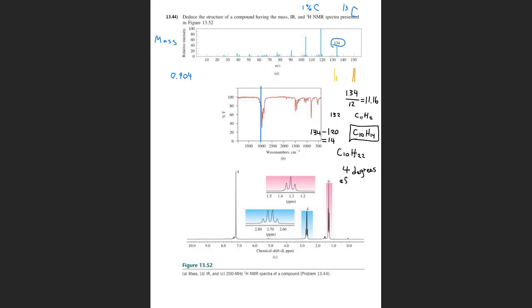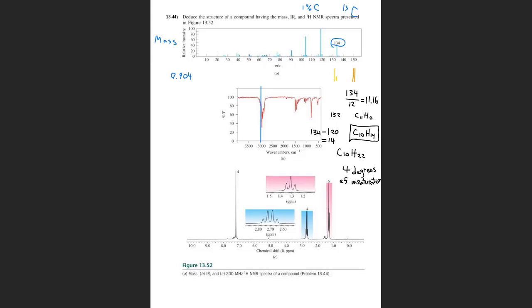Now, whenever you have 4 degrees of unsaturation, you should be highly suspicious of what? An aromatic ring. An aromatic ring is exactly 4 degrees of unsaturation. And if we look at the other spectra, there are signs of an aromatic ring in the IR, and definite signs of the aromatic ring in the HNMR.